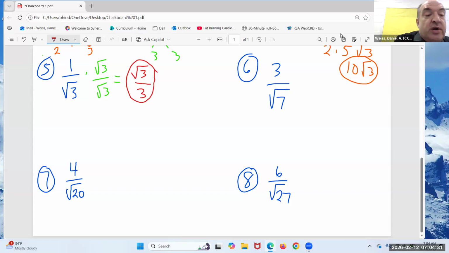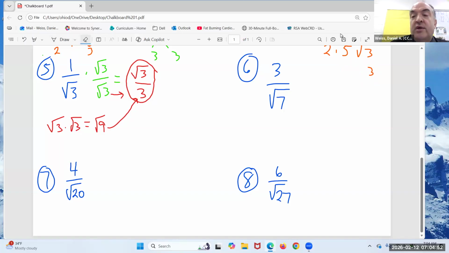Okay. Why is square root of 3 times square root of 3 equal to 3? Because square root of 3 times square root of 3 equals square root of 9, and square root of 9 equals 3, right? So over here in number 6, what are we going to do?